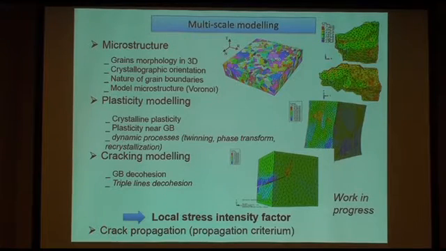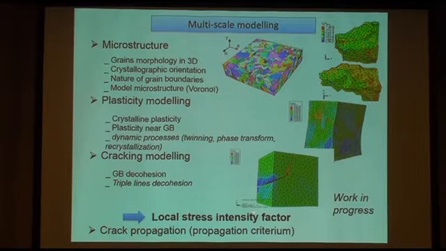So what we intend to do is to take real microstructures or simulated microstructures and model the plasticity by crystal plasticity, and we do not deal with dynamic processes, namely twinning, phase transforms, and crystallization. Those will probably be out of scope for quite some time, unless the people working on it can give us some tools which we can use.